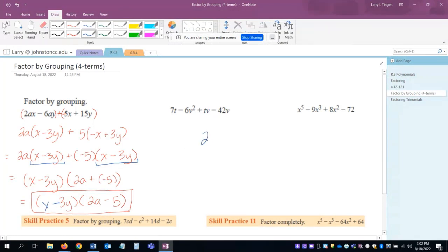So the reason is, if I don't, this is what's going to happen. I'm going to get minus 5x plus 15, factor out a 2a. That leaves me x minus 3y. And over here, I'm going to factor out a 5.